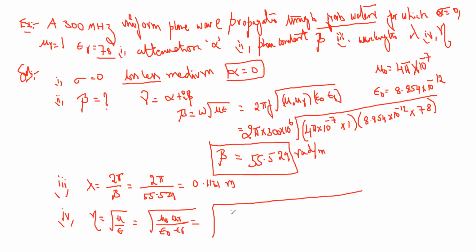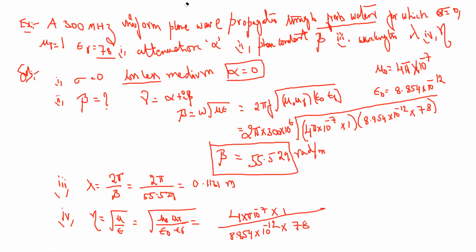Mu naught is 4 pi into 10 to the power of minus 7, and mu r is 1, whole divided by 8.854 into 10 to the power of minus 12 multiplied with epsilon r, which is 78.